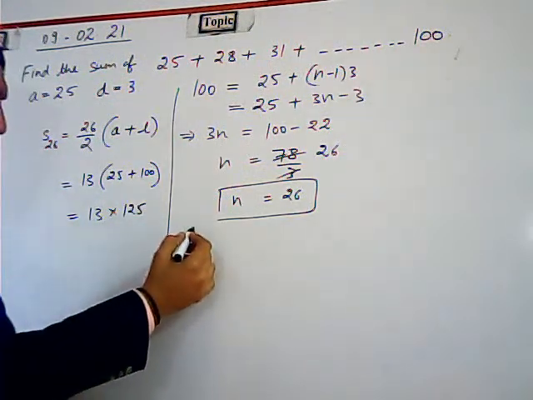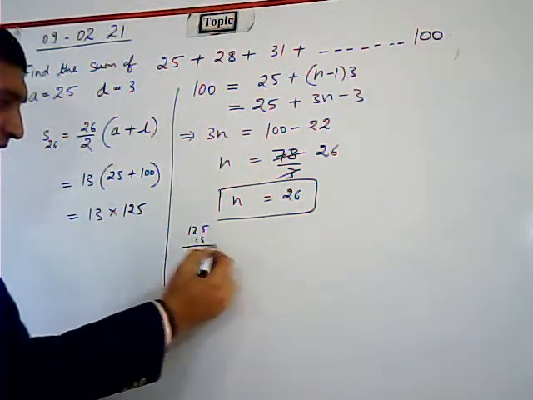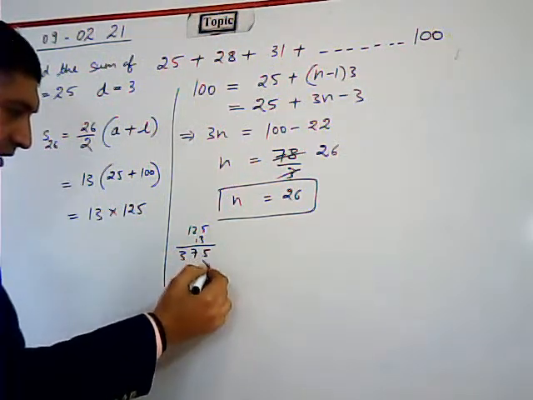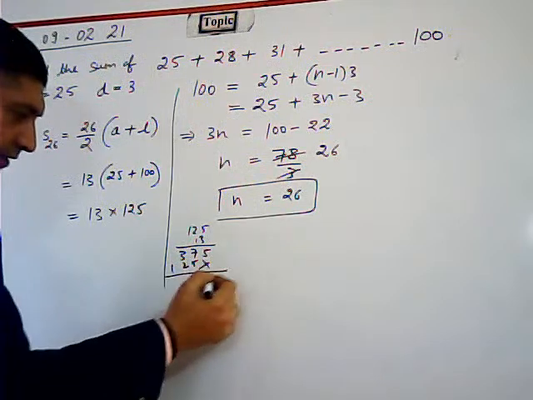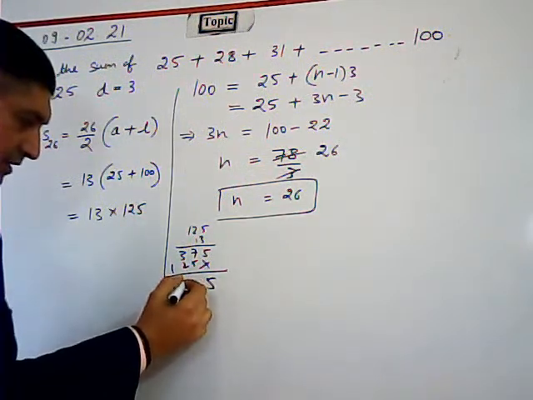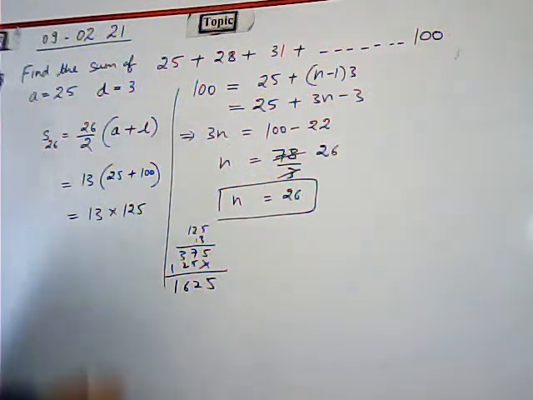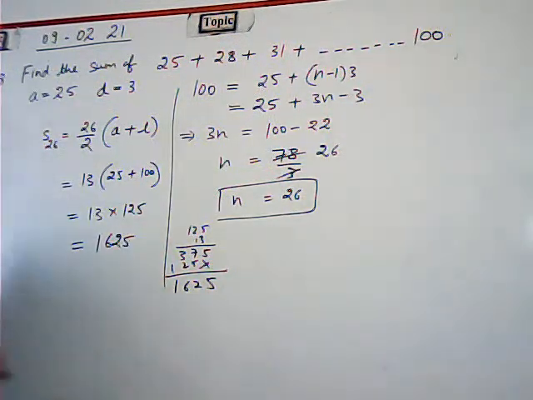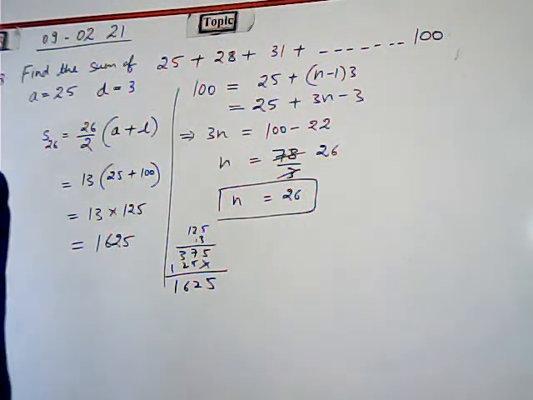So when we multiply 125 by 13, 3 fives are 15, 3 twos are 6, 1 is 7, 3 ones are 3, 125 here, 5, 2, 6, 1. So what is the answer? 1625. So Sahil Preet also will read, 1625 is the answer.